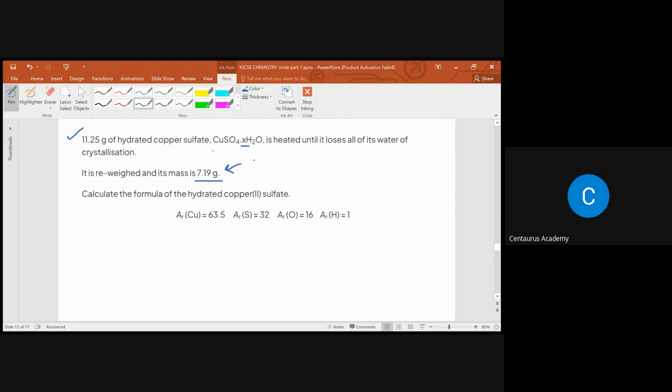Anhydrous means no water molecules are present within this salt. When no water molecules are present, the formula is CuSO4, for copper sulfate. So the mass of copper sulfate left behind is 7.19 grams.